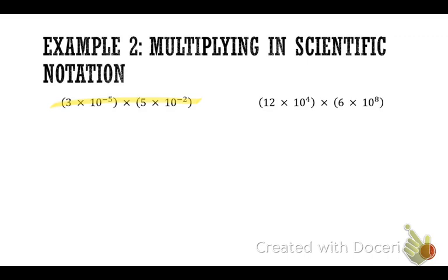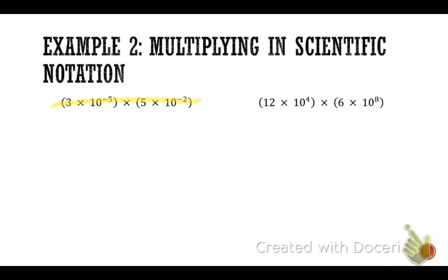Right. So when that happens, I can use the commutative property of multiplication. Does anybody remember what commutative property means? Yes. I can change the order. I can switch them around however I want. Would you agree? I can multiply 4 times 5 and 5 times 4. It's the same answer.